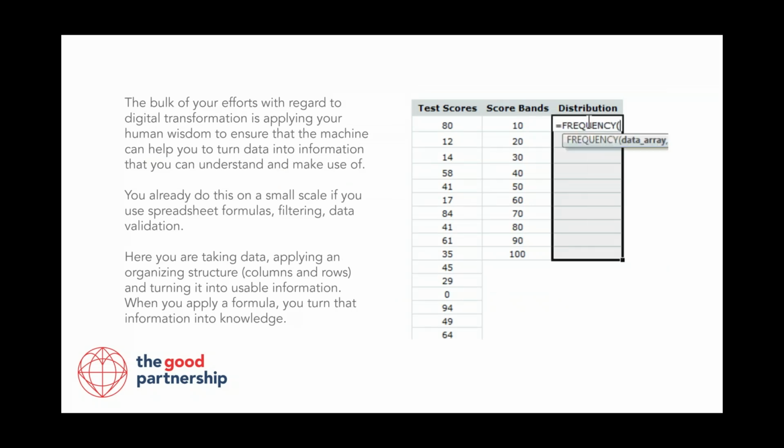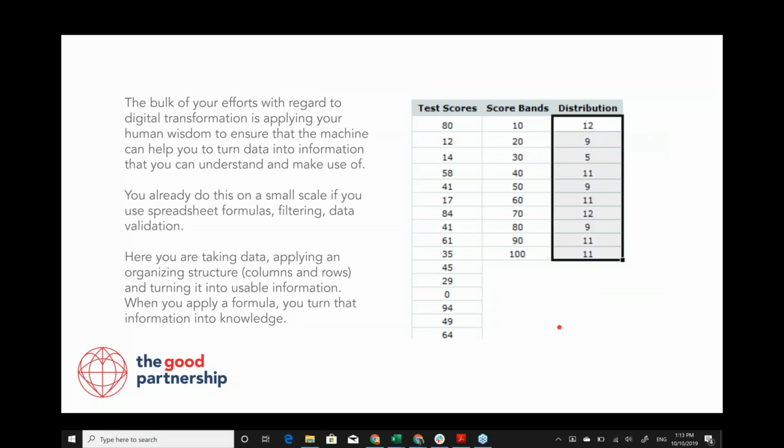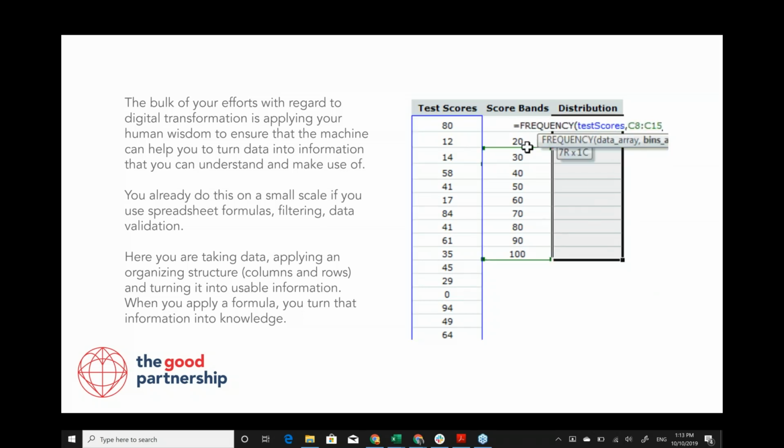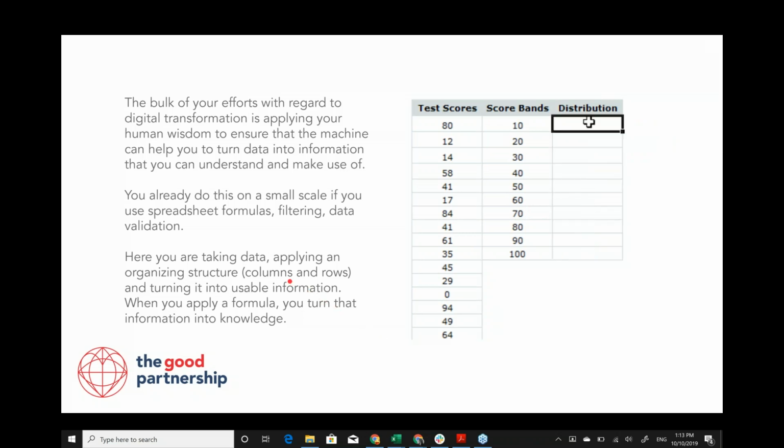thinking in very broad terms, you can even think of that machine as an Excel sheet. An Excel sheet is a type of machine that turns data into information based on how you apply either filters or formulas to turn that data into information. So you're already doing this on a small scale.